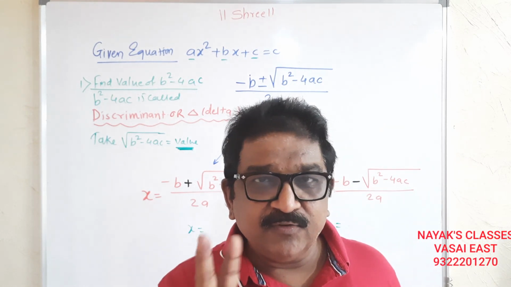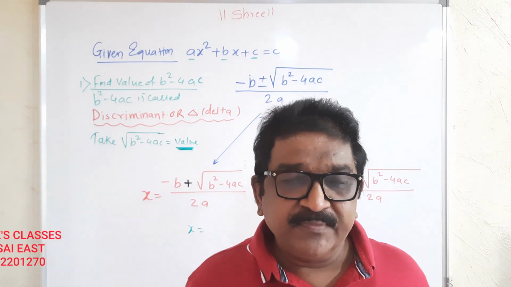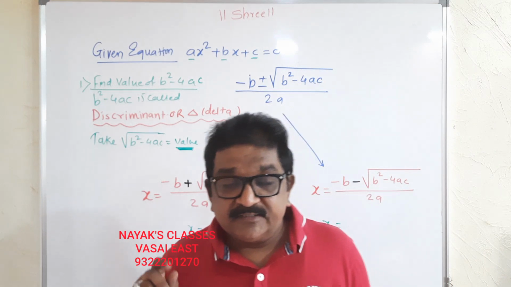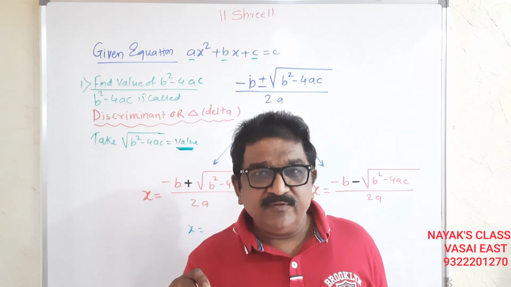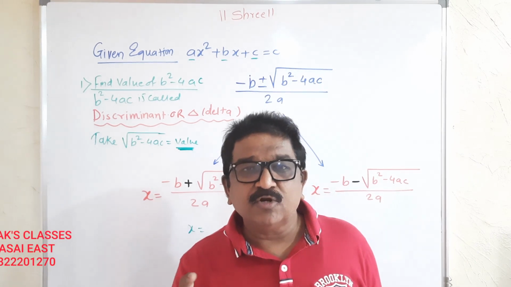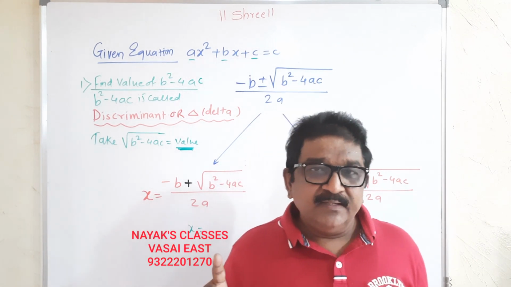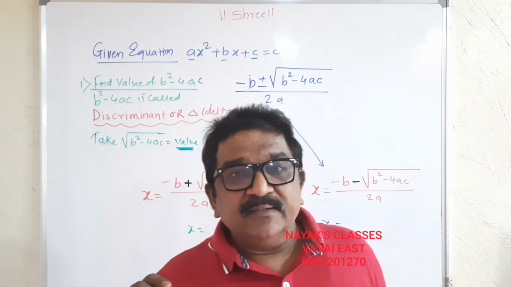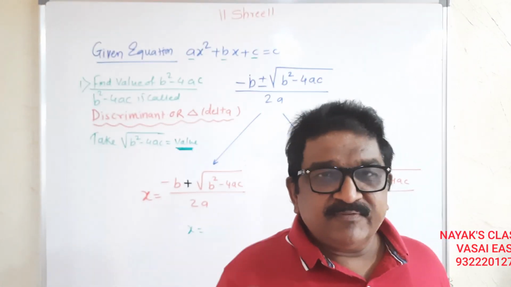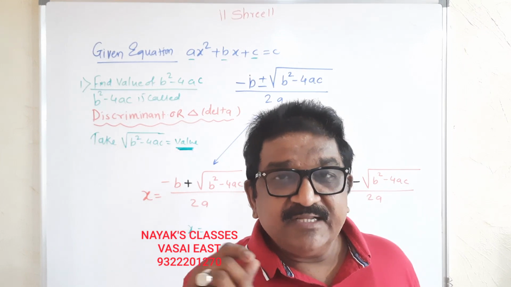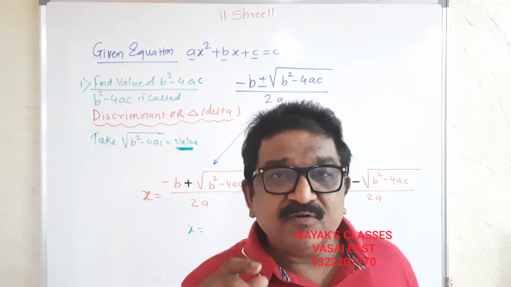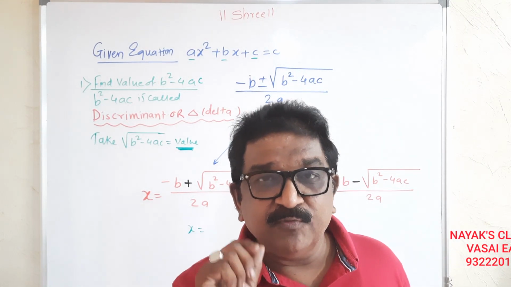Again if it is negative, then don't solve the example. Just write there, since the discriminant is negative, further calculations are not possible. Why? We will explain it afterward. You will get full marks.